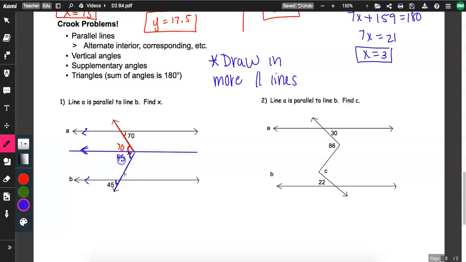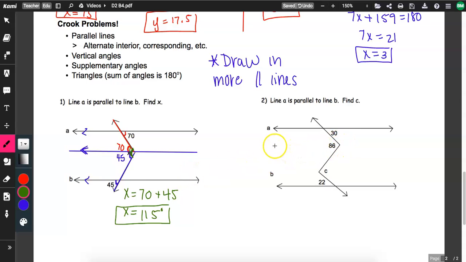So here is also a 45-degree angle, right? They're different transversals. So I know angle X was originally that entire crook, the whole bend. So to find X, I'm going to add 70 plus 45 to get 115 degrees. Okay, so drawing in another parallel line usually helps.